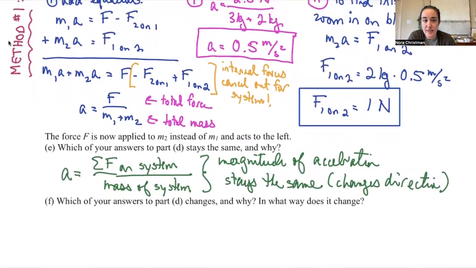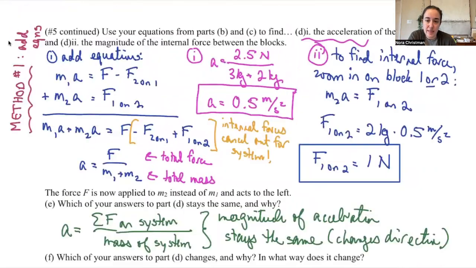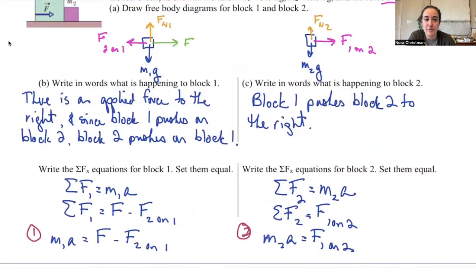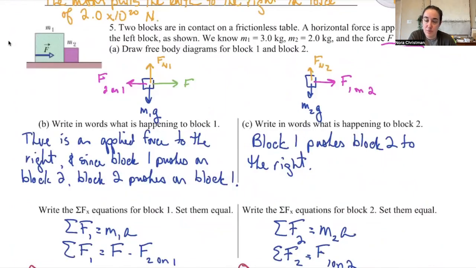What would change though is that internal force would change. Instead of being 1 Newton, it would be larger because now instead of the big block pushing the small block, the roles would be reversed and the small block would push the big block. And so that's going to require a larger force.